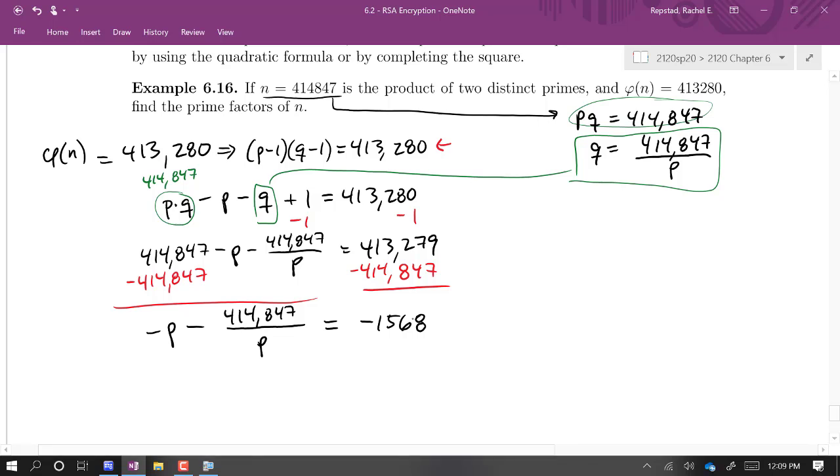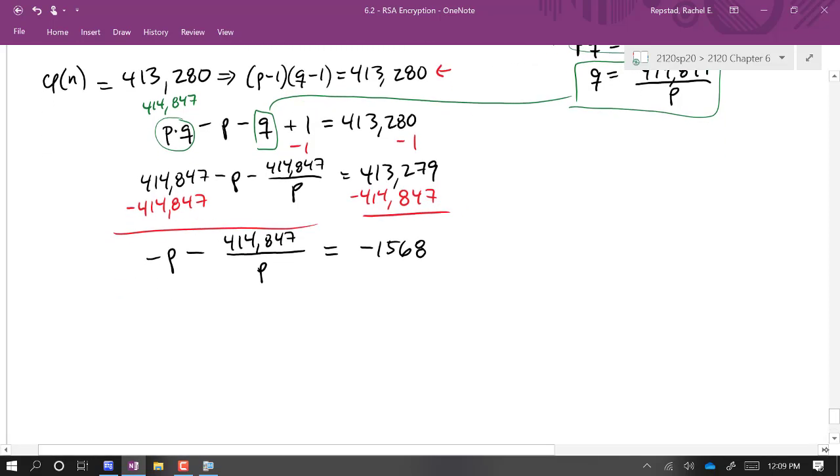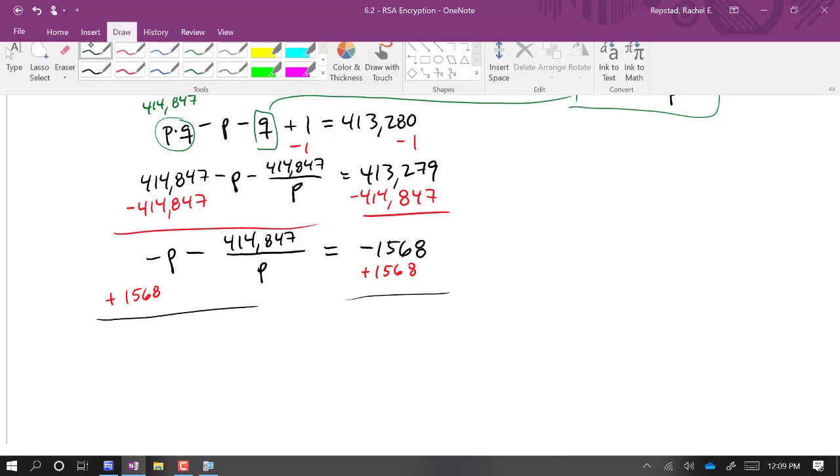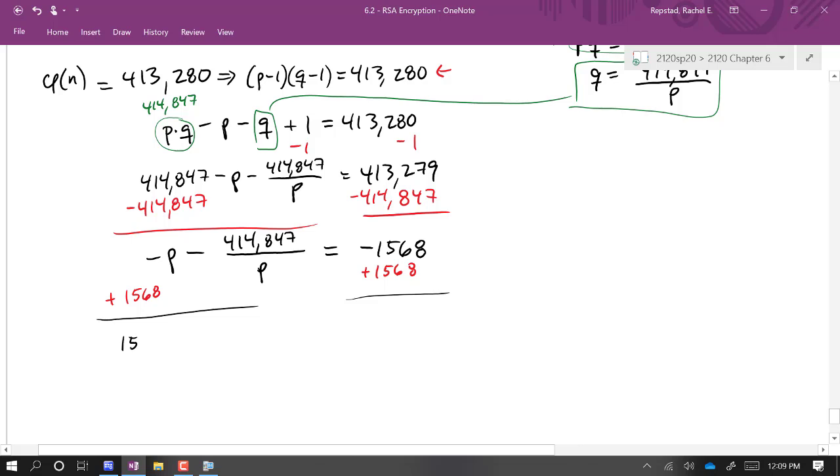And now I want this to be equal to 0. There's a couple things I want to do here. One, we're going to end up with a quadratic equation. So there's a couple ways to go about it. One is I could have it set equal to 0, and so I could just add 1568 to both sides. It's not quadratic yet. You might be thinking to yourself, there's no p squared, but we're getting there.